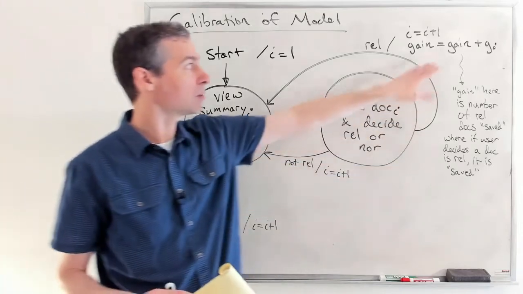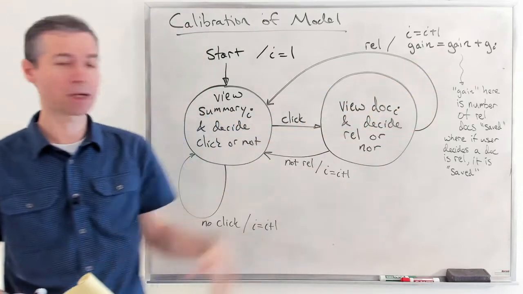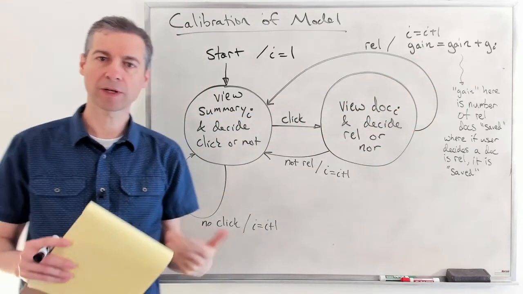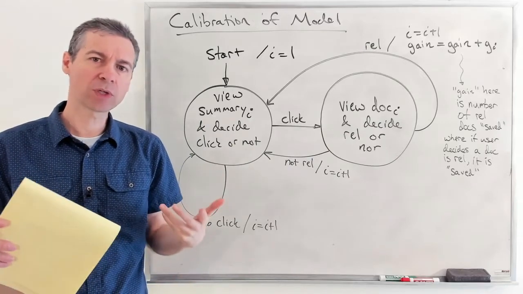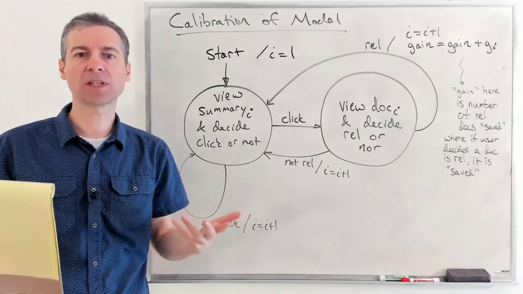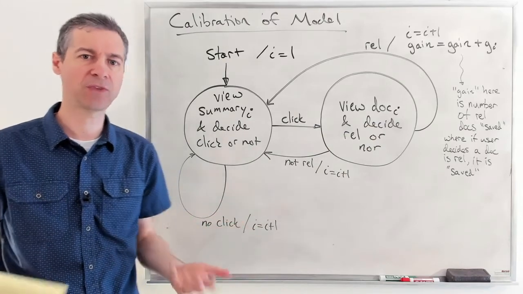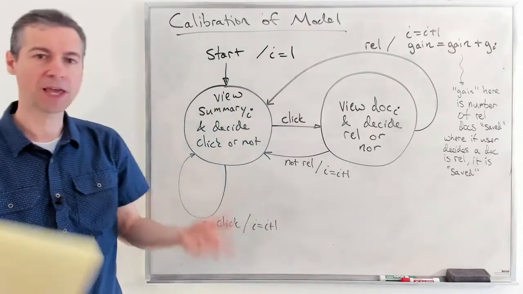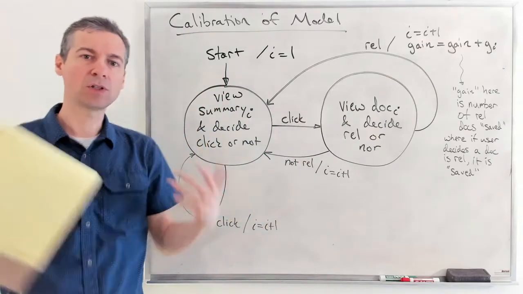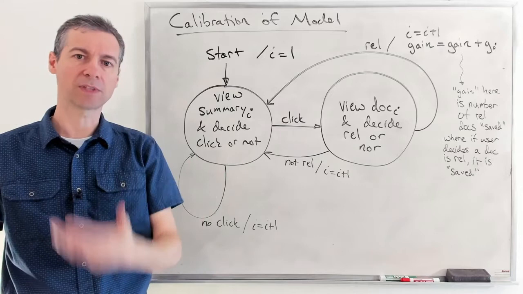I'll note that it only makes sense for this sort of model to talk about cumulative gain in situations where it truly is something that accumulates in a sensible fashion. So the number of relevant documents saved, that makes sense, you can accumulate that amount of gain.